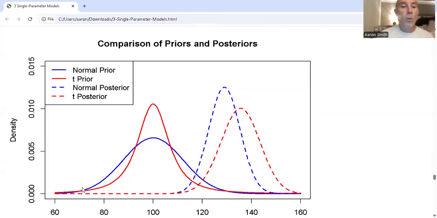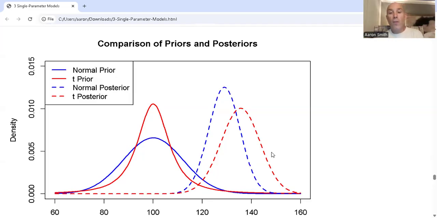When I combine it with the 140 data, it becomes this distribution with the dashed blue. Then the solid red is my T prior, and when I combine it with the 140 data, the dashed red is my posterior corresponding to the T prior.